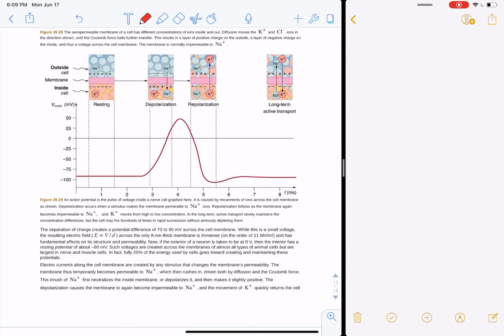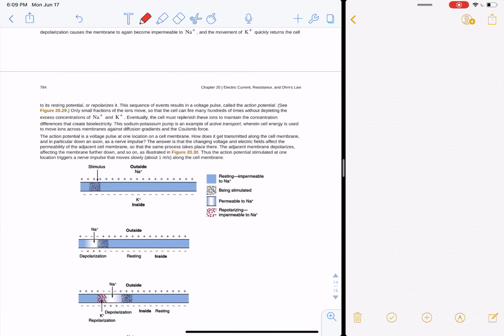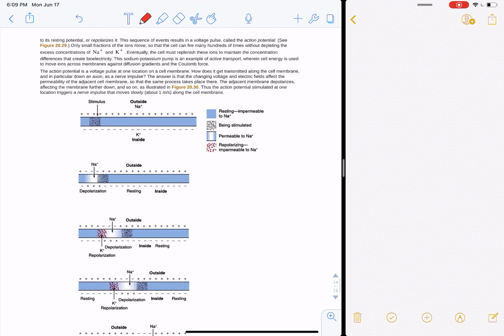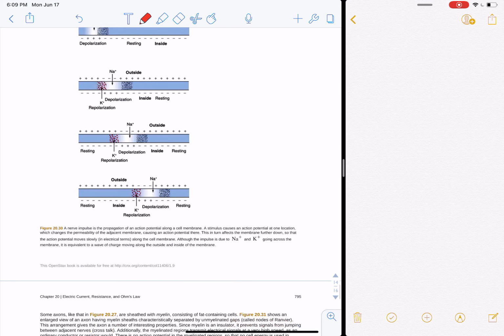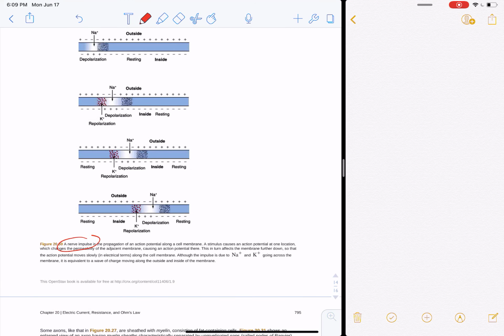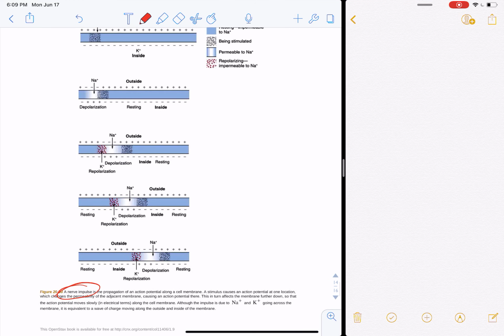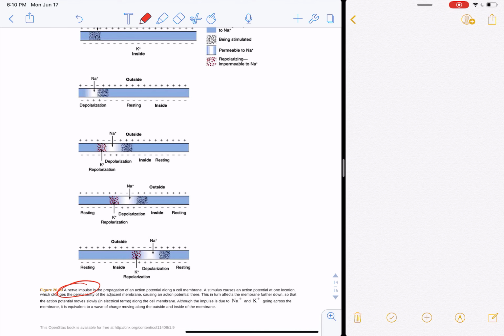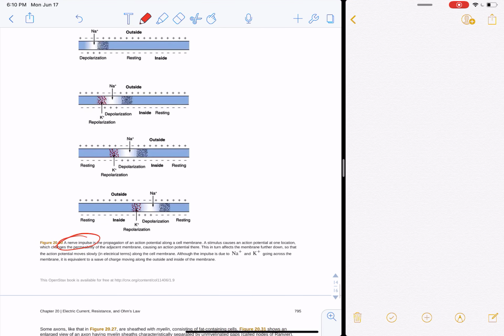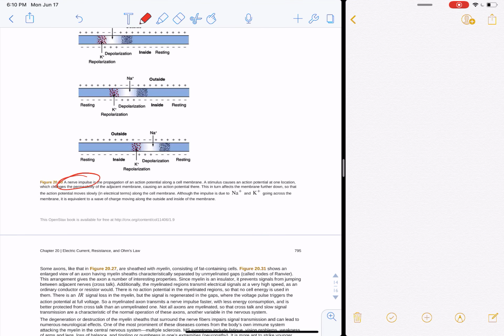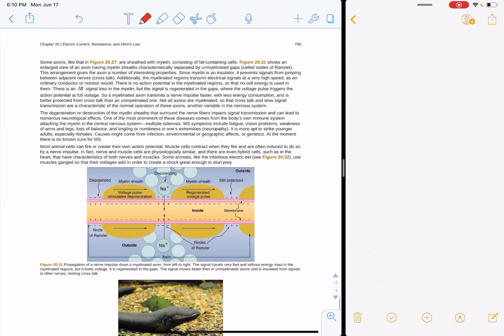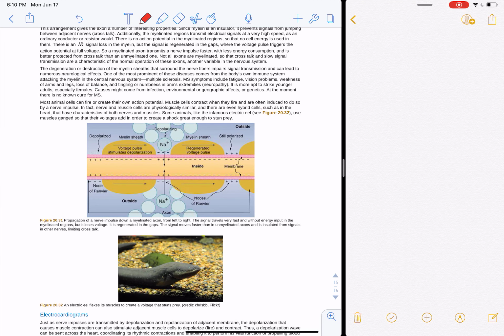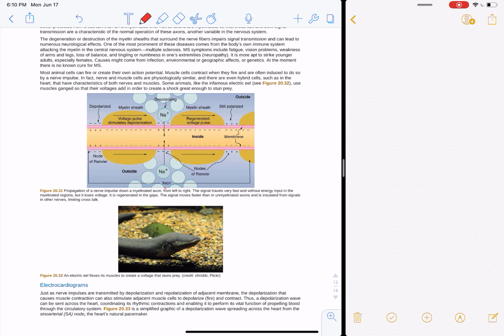And this is interesting, just talking about nerve impulses and how it sort of works. So you've got the outside sodium, inside, and then as it depolarizes and repolarizes and moves down your nerve. So that's pretty cool. Going down here, and here's your axon again.